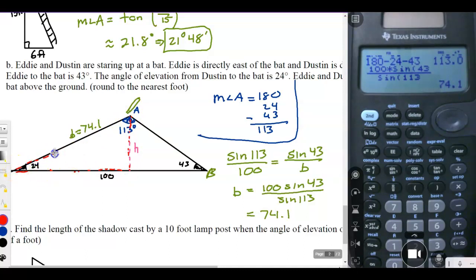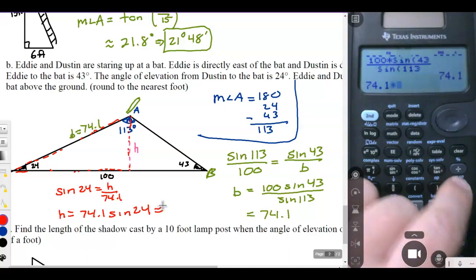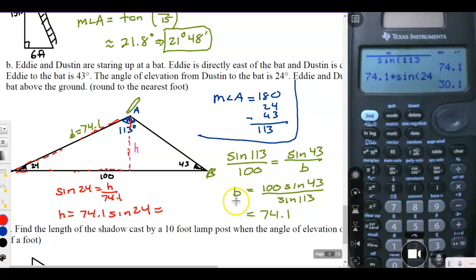Right, and it's kind of like we did on the last area problem. We're just going to do sine of 24 equals H over 74.1, which means H will equal 74.1 times the sine of 24, which is going to be approximately 30.1.